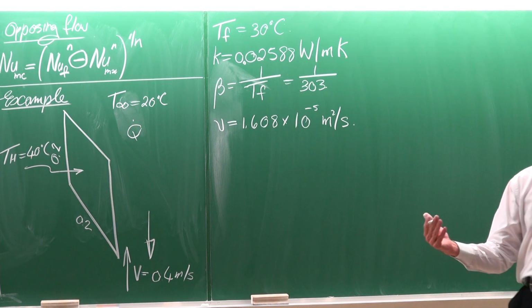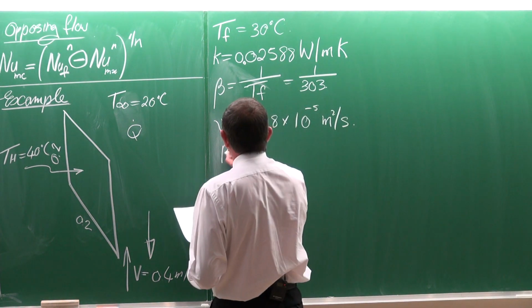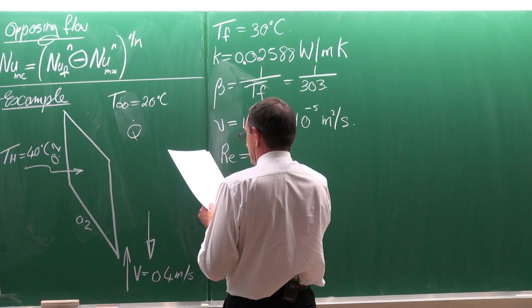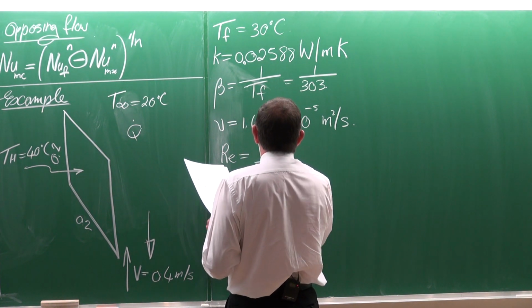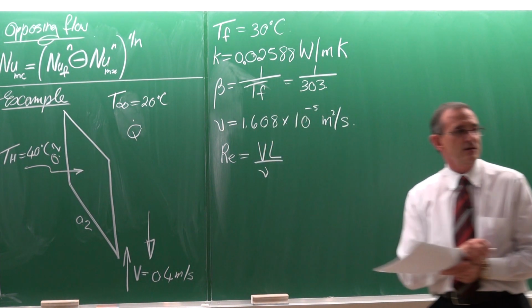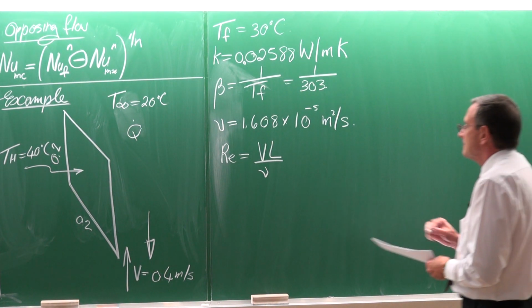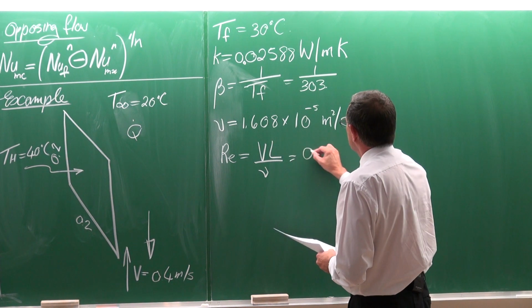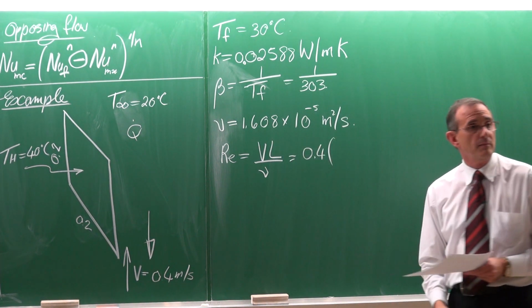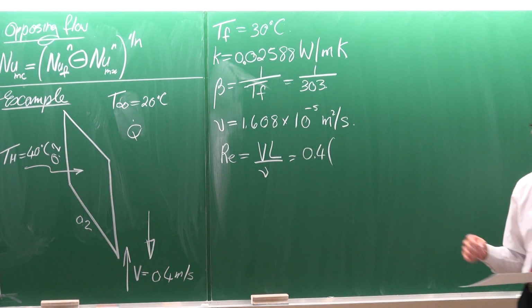Let's calculate the Reynolds number. The Reynolds number is equal to the velocity multiplied by characteristic length divided by the kinematic viscosity. The velocity is 0.4. It doesn't matter if it's going up or down.